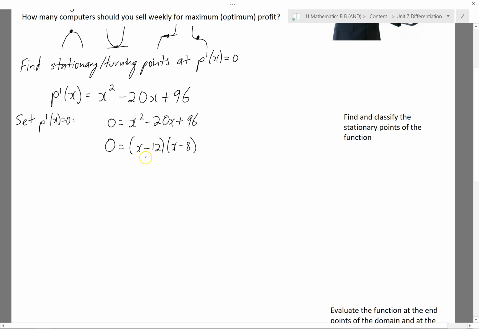From here, I can use the Null Factor Law, which will tell me, since these two factors are multiplying to equal 0, either this factor is 0 or this factor is 0. So I end up getting two potential maximums, some sort of turning point that occur at x equals 12 and at x equals 8. I need to find what the profit is at these 2 points before I classify the turning points.